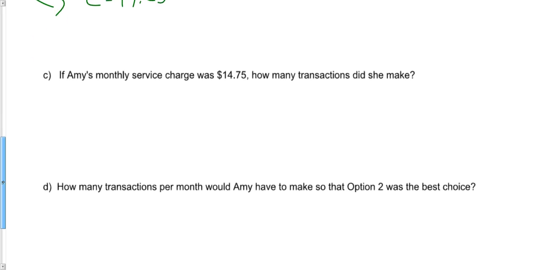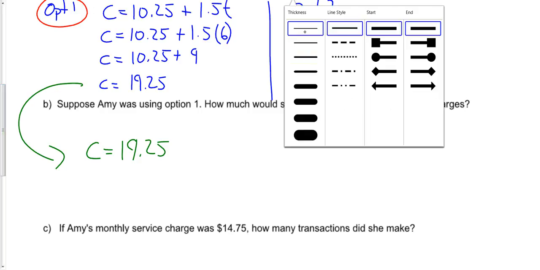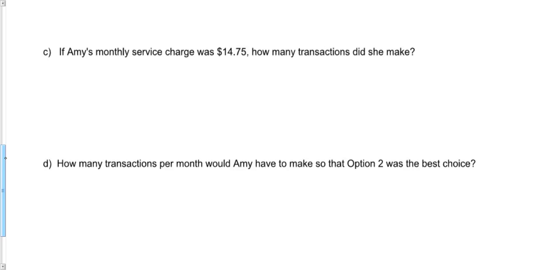So let's go to part C. If Amy's monthly service charge is $14.75, how many transactions does she make? All right, so we have a formula that we can use. We know that our formula is C equals 10.25 plus 1.5T.